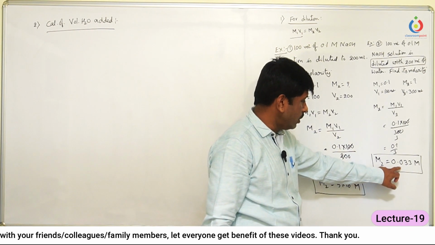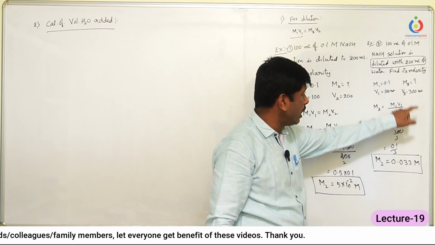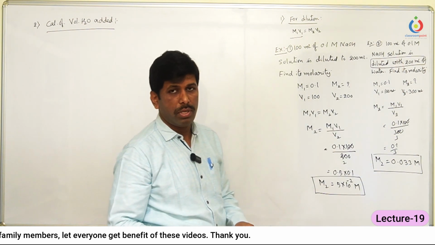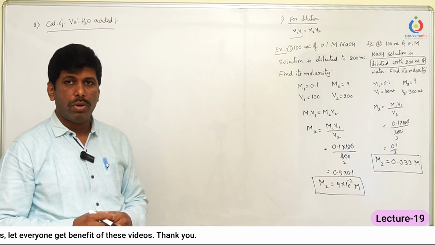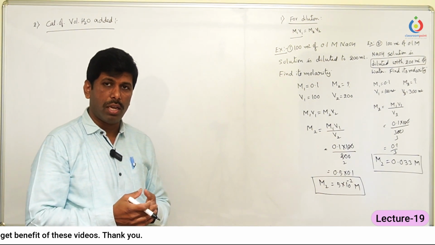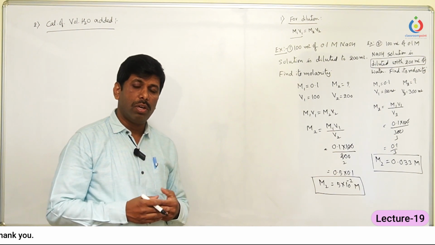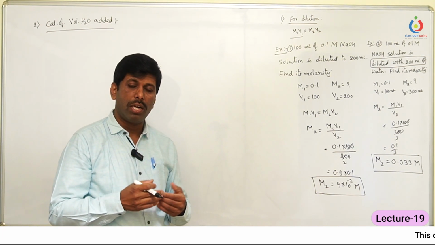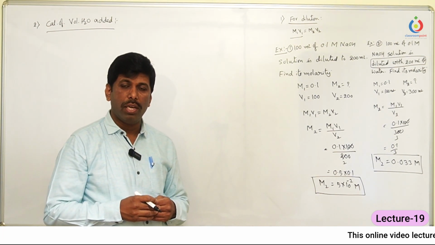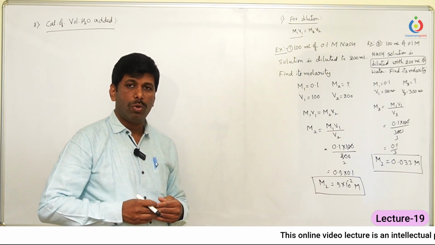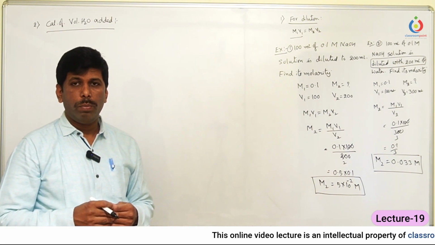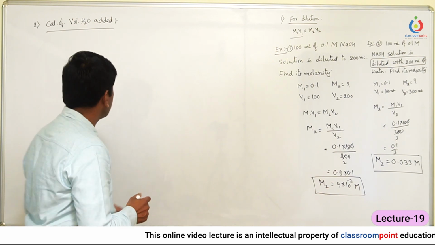Here we have seen 0.033 molarity by adding 200 ml of water. Sometimes they don't give the volume of water added or the final volume of the solution, but they give the final molarity directly and ask us to calculate the volume of water to be added. The volume of water to be added can be found in 2 ways.